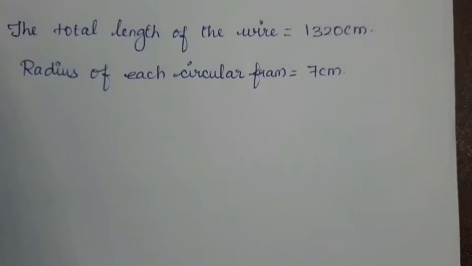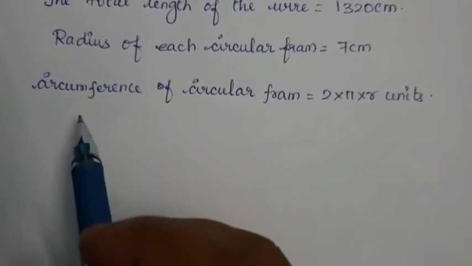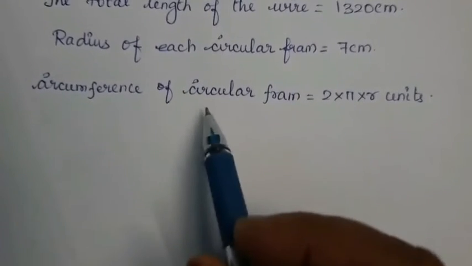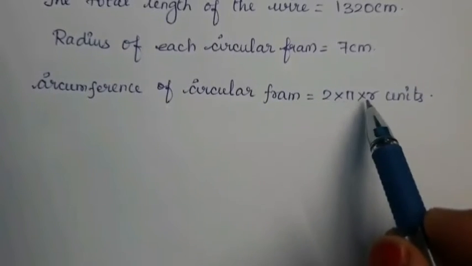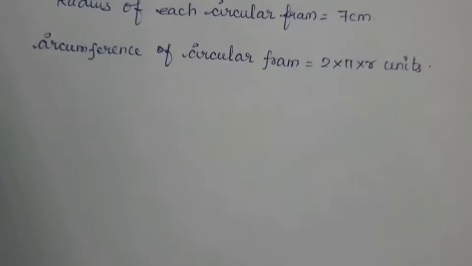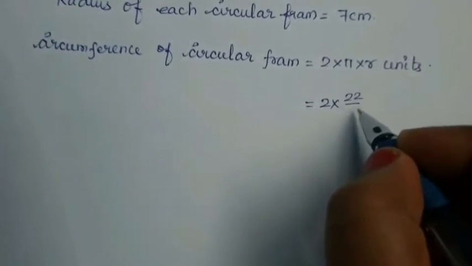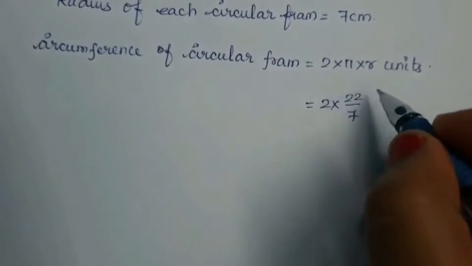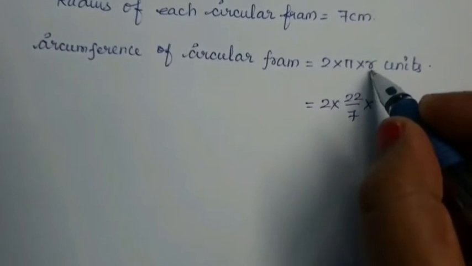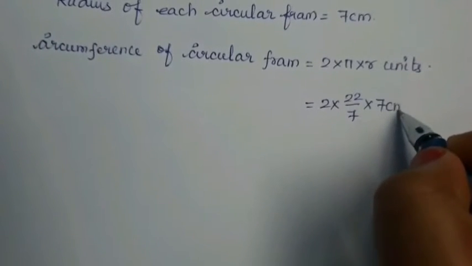For finding the number of frames that can be made, we should find the circumference of the circular frame of radius 7 centimeter. We know that the formula for finding the circumference of the circular frame is 2 pi r units. 22 by 7 is the value of pi, and the given radius is 7 centimeter.